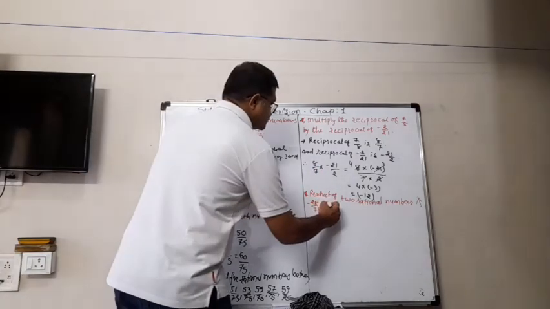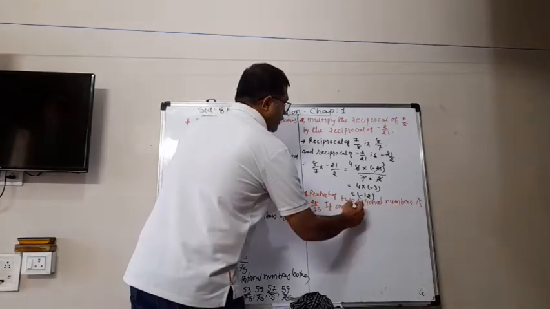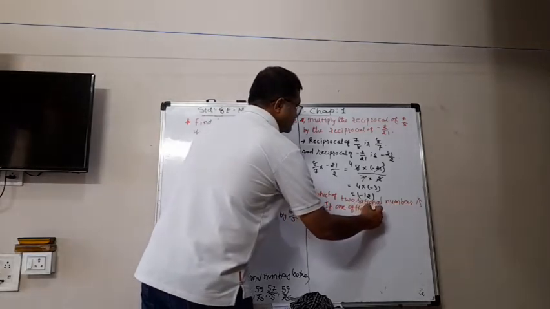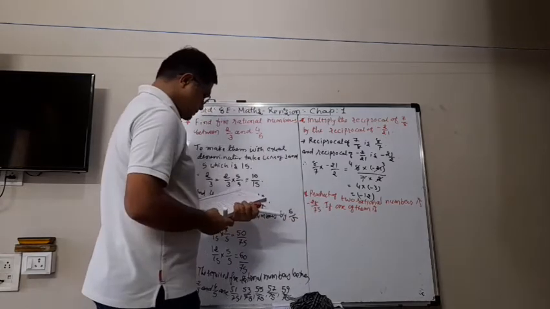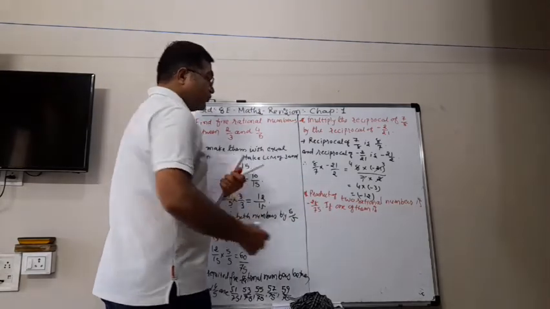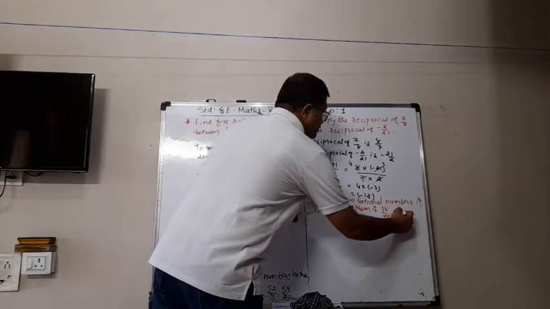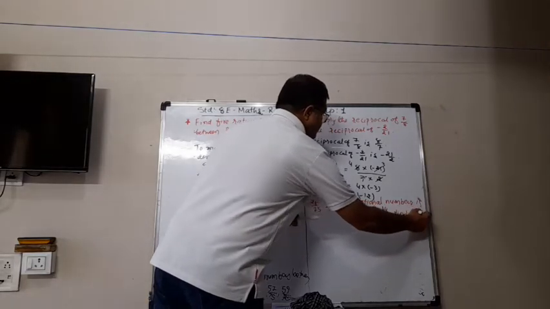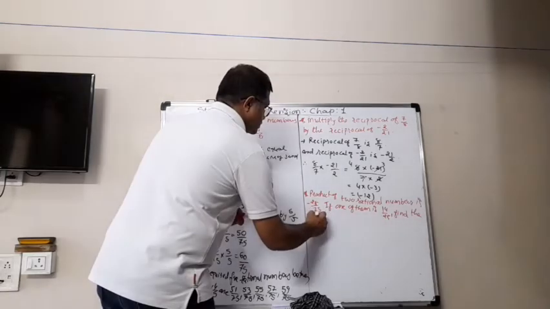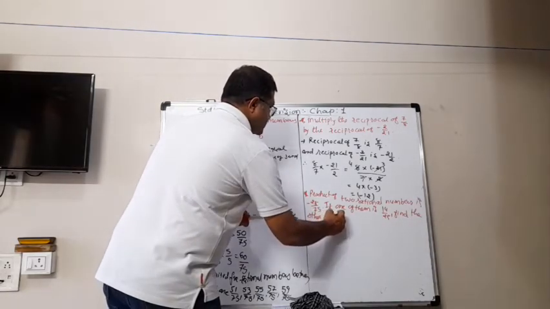If one of them is 14 upon 25, find the other rational number.